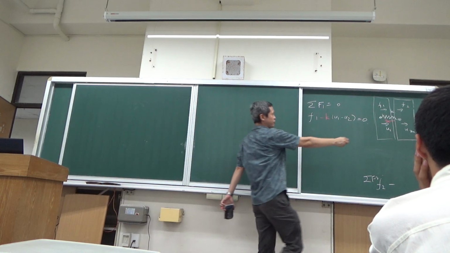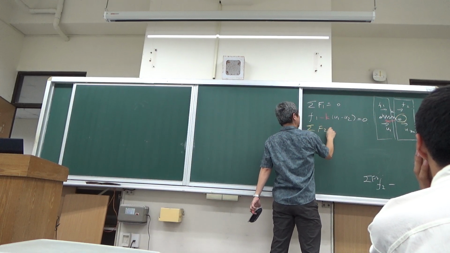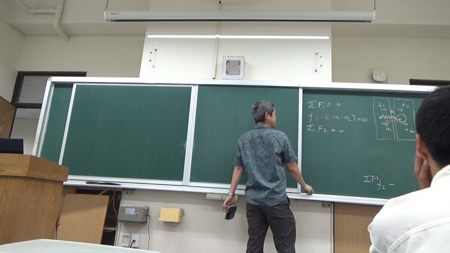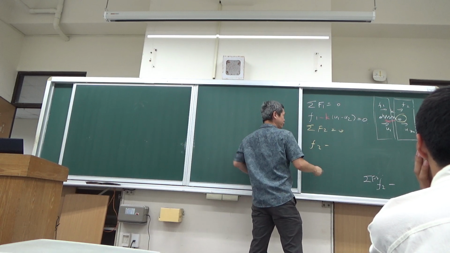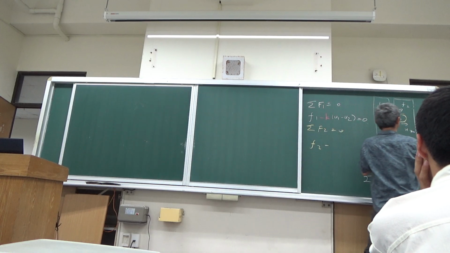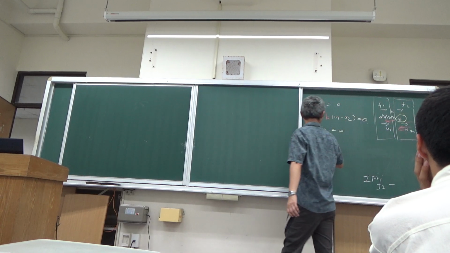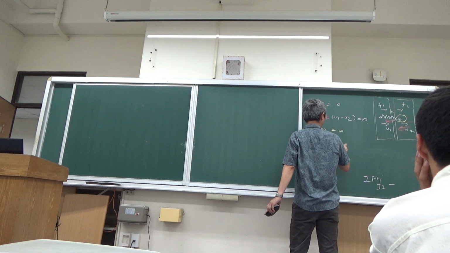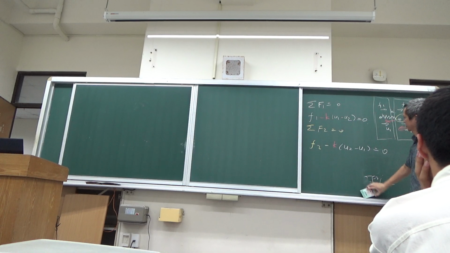You have the external force F2 minus the spring force again. But this time, because you are moving rightward, you're going to have a backward force. So you have K times (U2 minus U1) equal to 0.